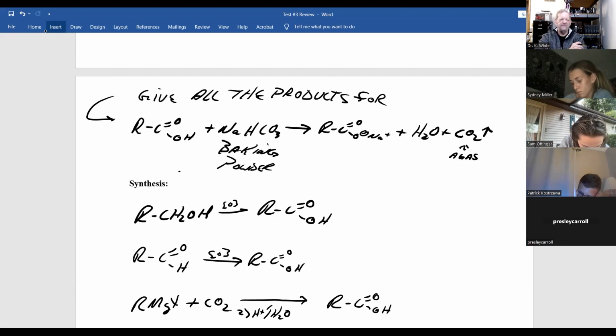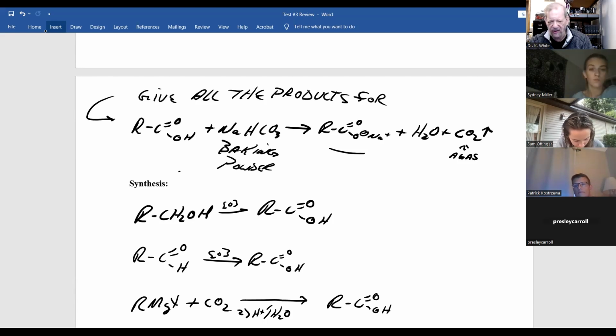I usually don't, but this one I do. And if you take a carboxylic acid plus baking powder, you get an acid-base reaction. You get the carboxylate anion, the sodium carboxylate, plus water and carbon dioxide given off as a gas.